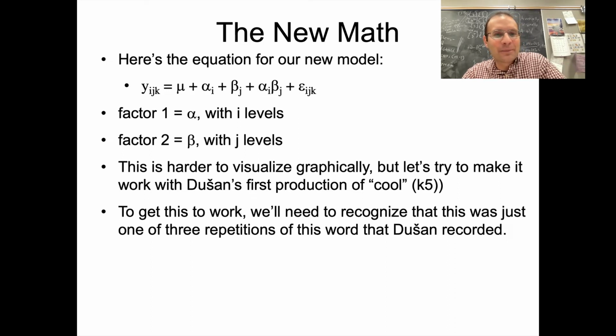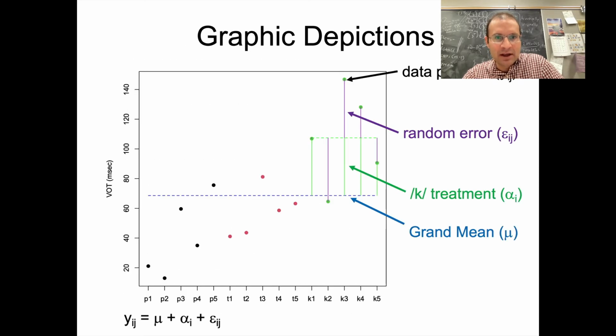All right, so to get this to work, we need to go back to the original data set we had. This is just one of 3 repetitions of the word that Duchamp recorded. And I will tell you that if you apply this model with the 2 factors and the interaction to this sort of data, and let's say your 2 factors are stop place of articulation and vowel, where you have 5 different levels, you're not going to get anything meaningful out of a two-way ANOVA.